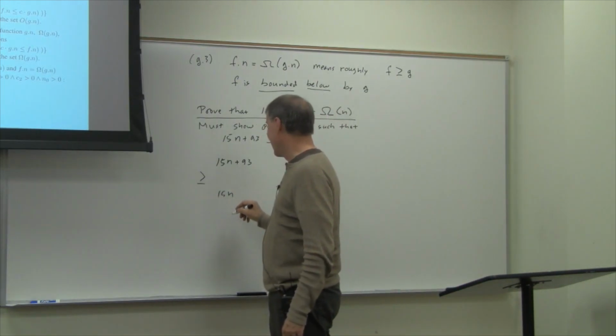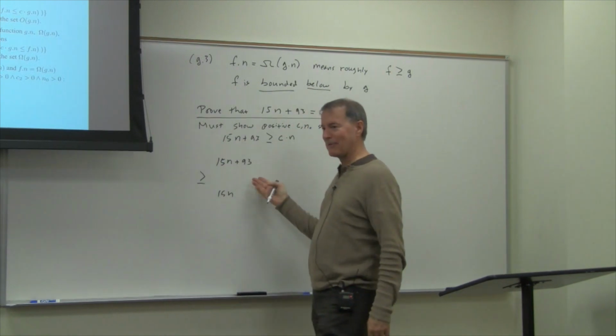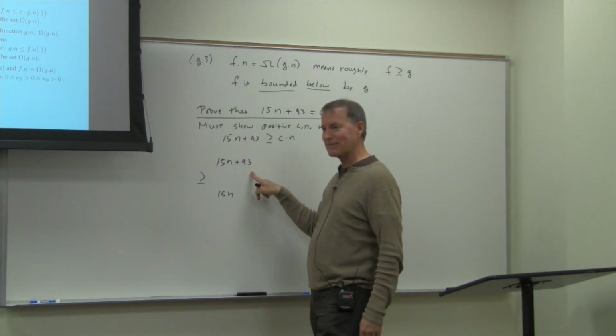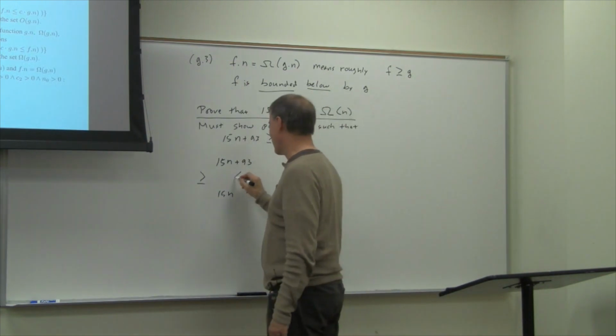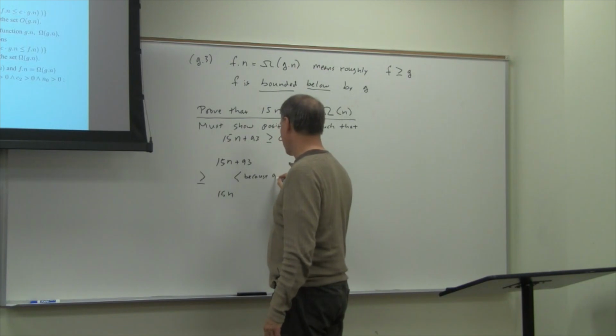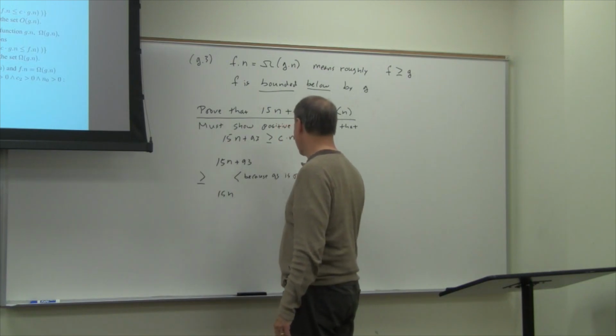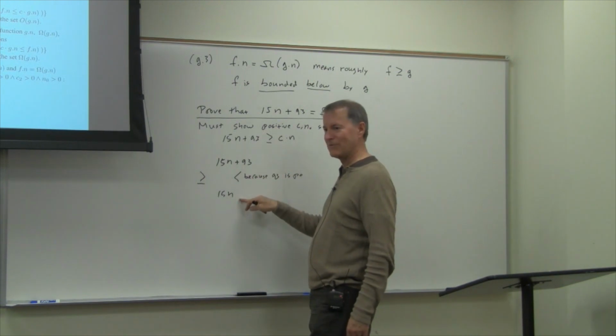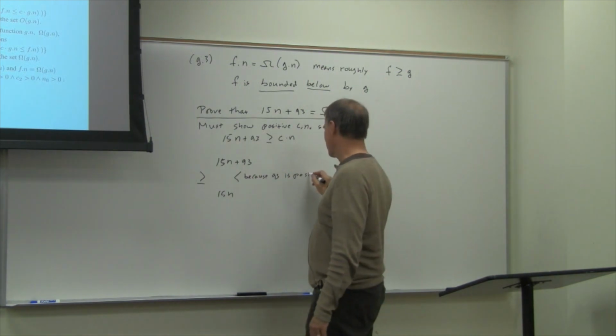Why is this? This isn't provided on anything, right? It's because 93 is positive. So 15n plus a positive is surely greater than or equal to 15n.